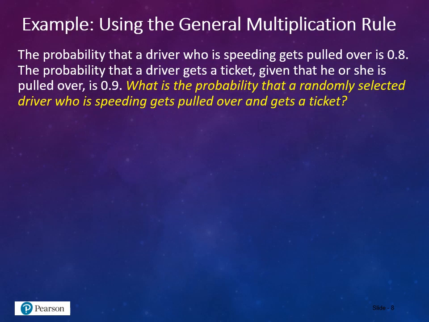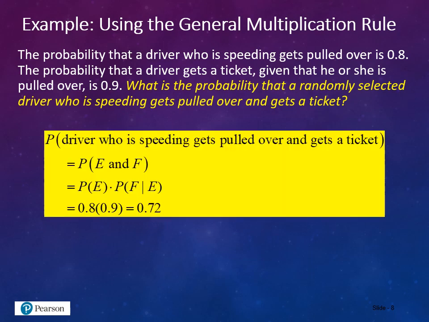So let's look at some more examples. The probability that a driver who is speeding gets pulled over is 0.8. The probability that a driver gets a ticket, given that he or she is pulled over, is 0.9. What is the probability that a randomly selected driver who is speeding gets pulled over and gets a ticket?